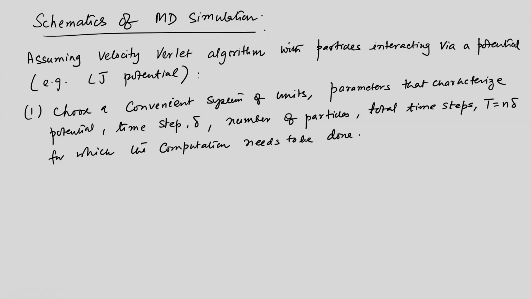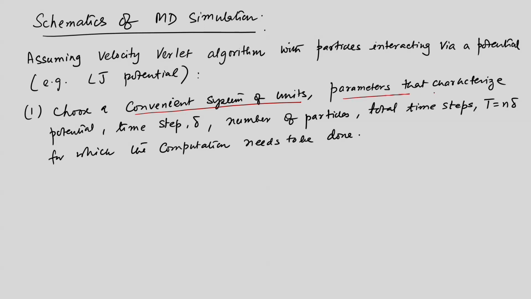So, let me just go through again on each one of these. We have seen that a convenient system of units is necessary, because most of the time in the regular units these quantities are either too small or too large, which is inconvenient for the computers to handle. So, in that scenario one talks about some system of units in which these numerical accuracies do not come into the picture.